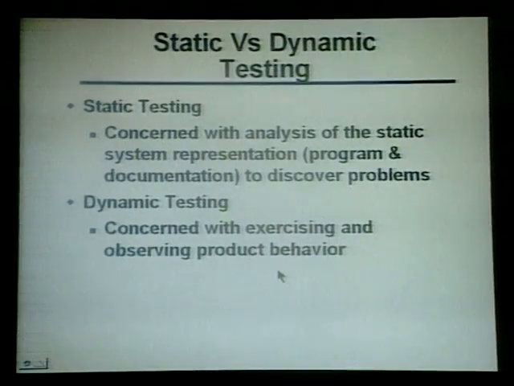Dear students, there are two complementary types of testing. In static testing, we're concerned with analysis of the static system representation, that means the programs and the documentation, to discover errors there. Whereas in dynamic testing, we concern ourselves with exercising and observing the behavior of the product.